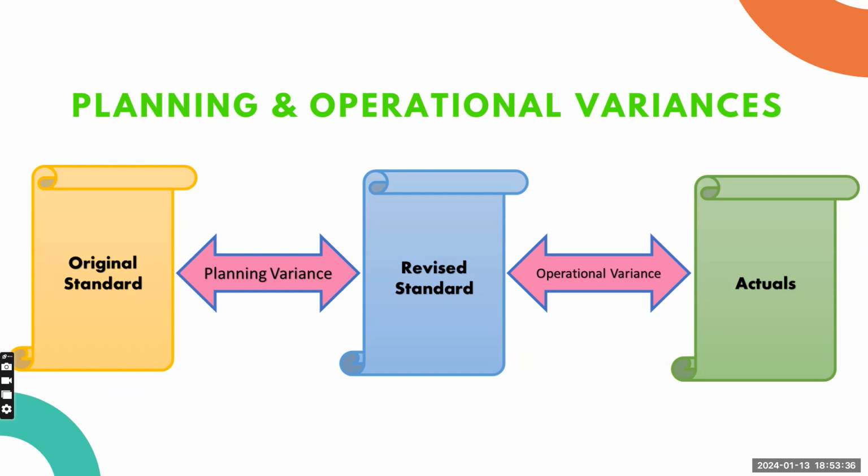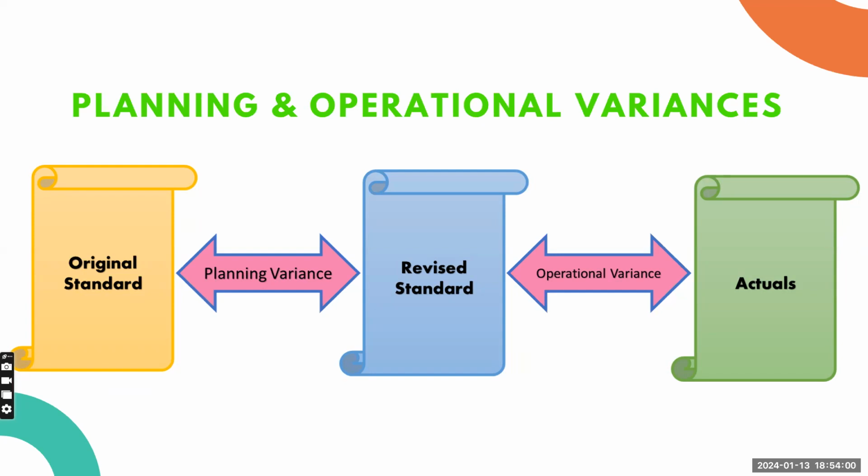So there can be variances among these three statements. When it comes to the original standard and the revised standard, why is there a difference? Why is my 2023 September budget and 2024 February budget not the same, why is it contradicting?